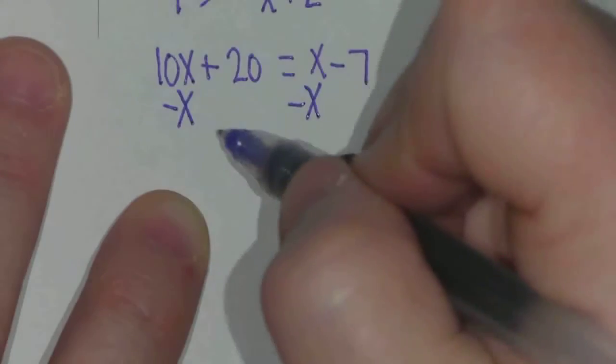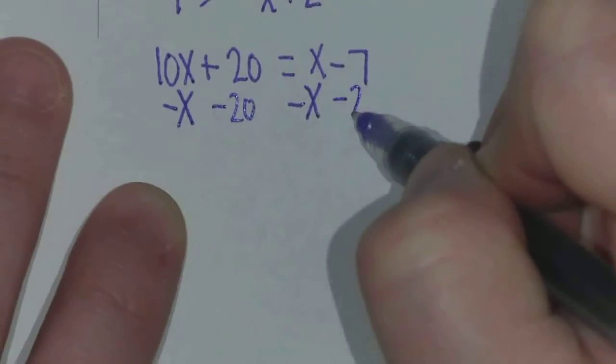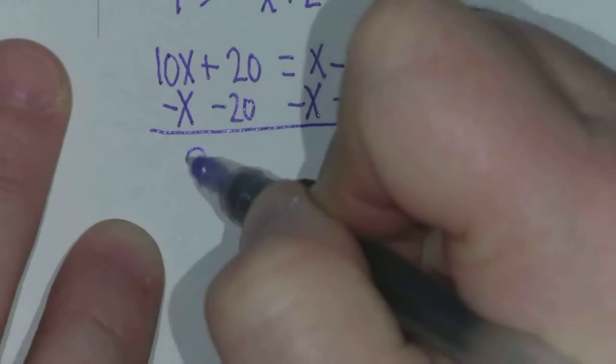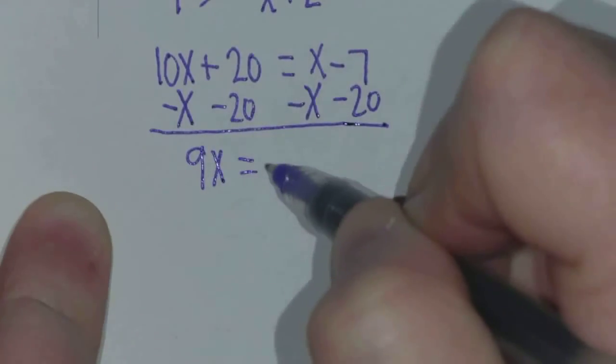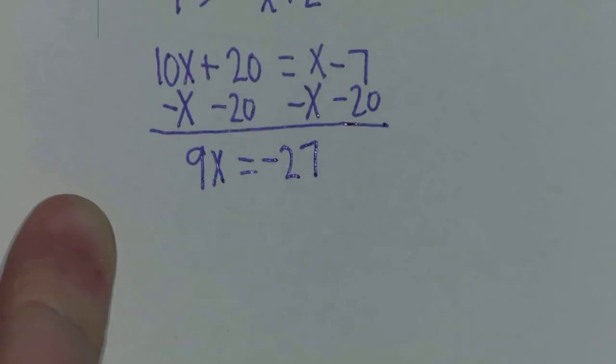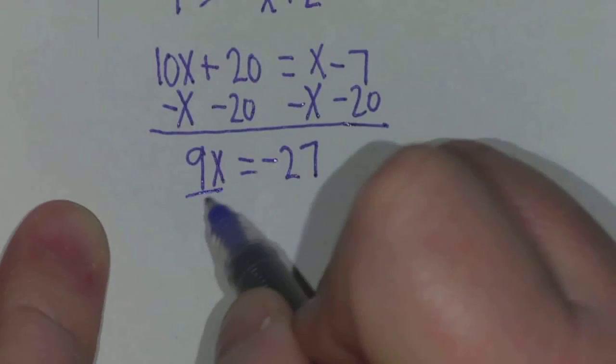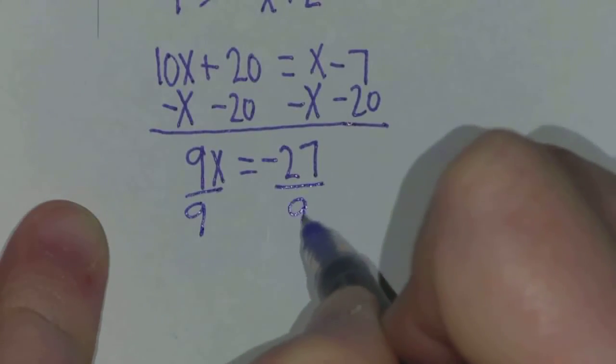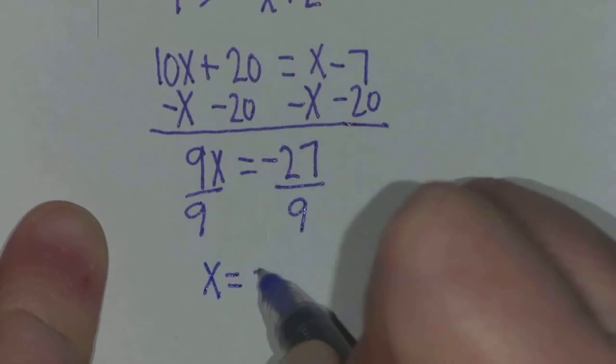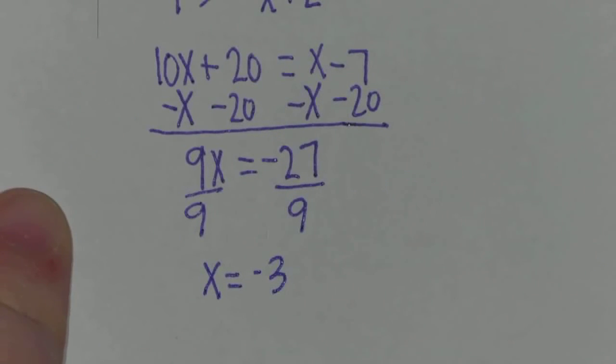I'm going to subtract the 20 over, and I get 9x equals negative 27. Divide both sides by 9, and x equals -3.